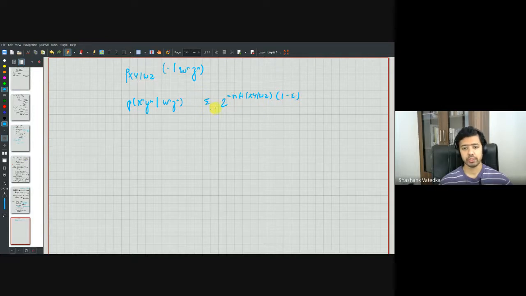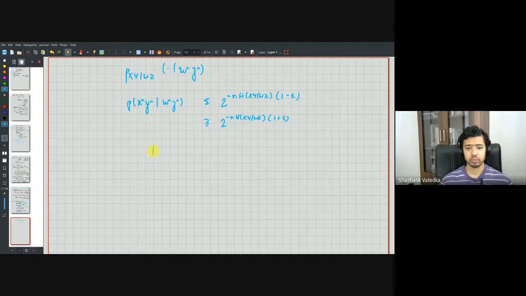This upper bound always holds. If in addition wn and zn are jointly typical, then you'll also have a lower bound. This will be 2 to the minus n times h of xy given wz times 1 plus epsilon. So this upper bound will always hold.